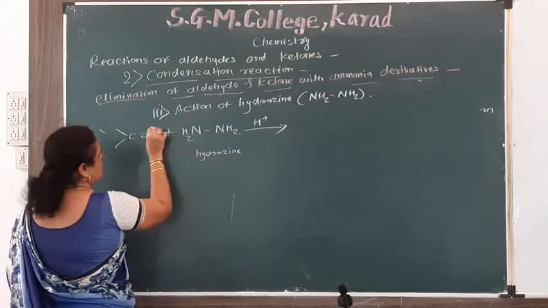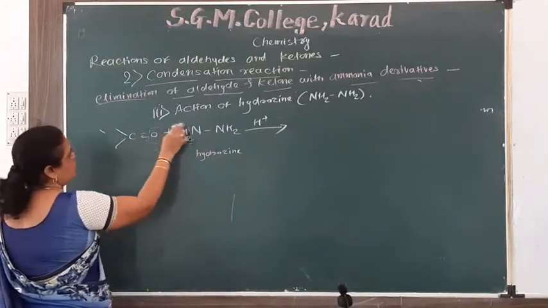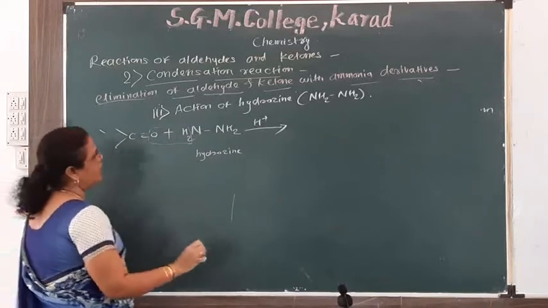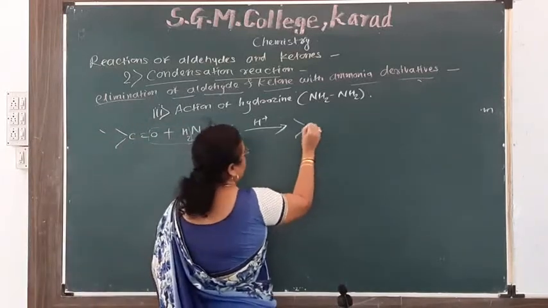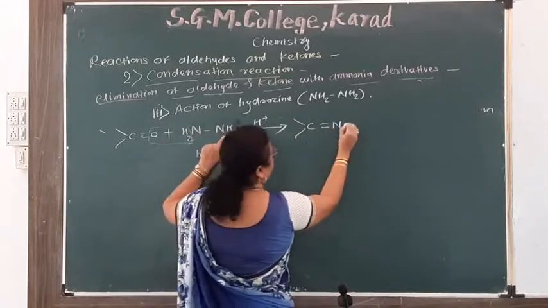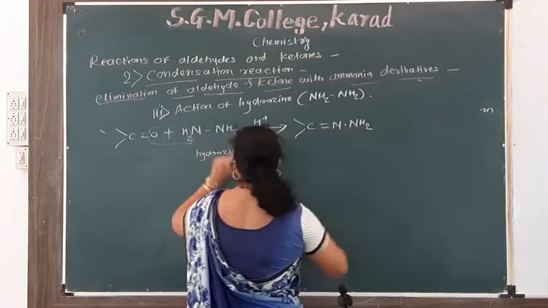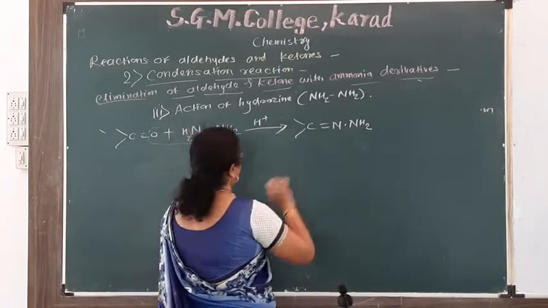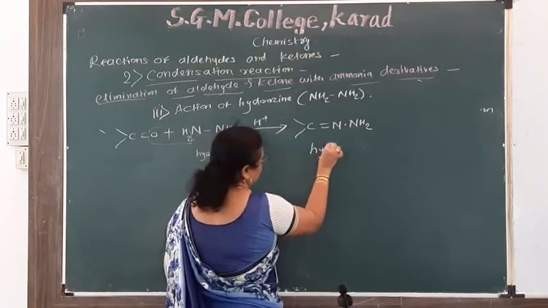This water molecule is removed, this bond breaks and water molecule is removed. Then we get here C double bond, here NH2. And this compound is known as hydrazone.